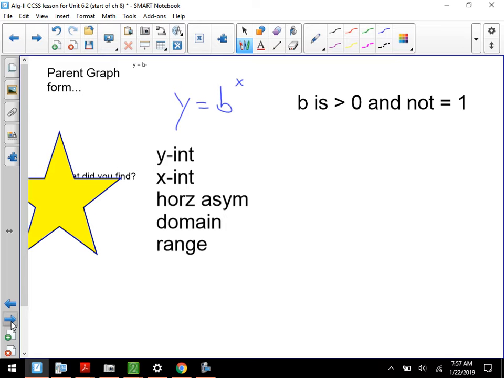When x is equal to 0 for the parent function. Will there be an x-intercept with this parent function? No, it's not going to cross the x-axis. So the y-intercept is when x equals 0. The x-intercept does not exist.